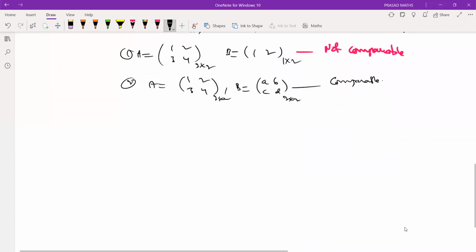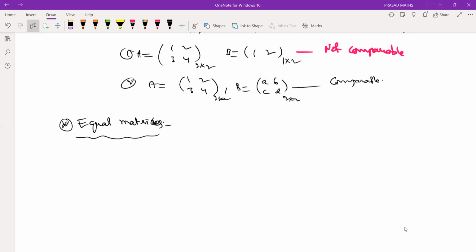Next is equal matrices. Two matrices A and B are equal if and only if, first property, their sizes are the same, that means they are comparable.